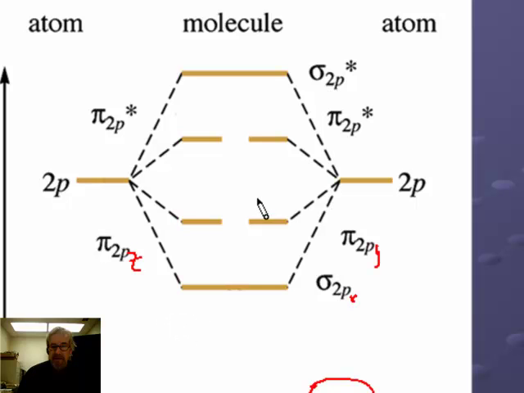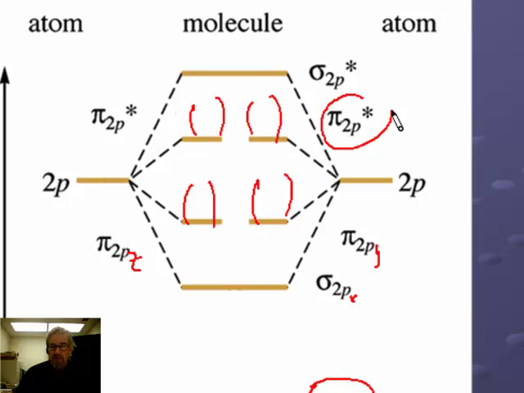So here's a possibility, and here's a possibility. So that's a pi 2p and another pi 2p bonding orbital. Higher energy than that is anti-bonding pi star 2p, so that's an off-axis anti-bonding orbital set. And then you've got up here at the very top a sigma star 2p, so that's the anti-bonding on-axis situation.